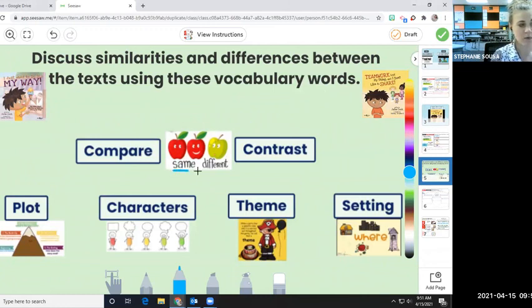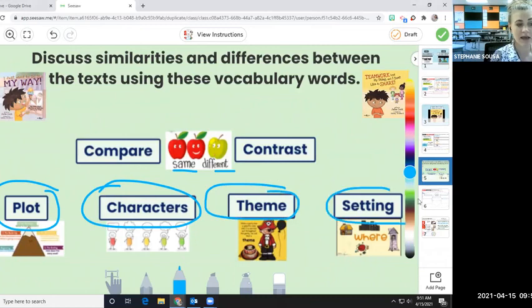As you are finding what is the same and what is different about the text, you are going to be focusing on the plot, the characters, the themes, and the settings. Remember, in 3rd grade, we are moving past noticing things that we can see with our eyes. RJ has black hair in both stories is not about plot, characters, themes, and settings.